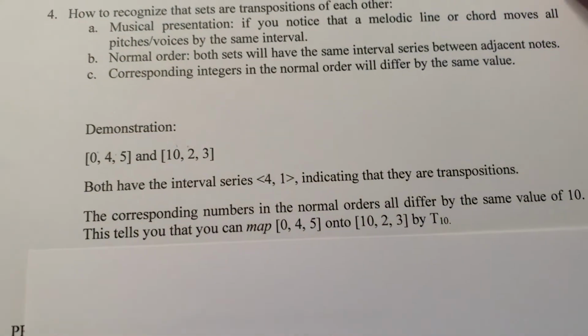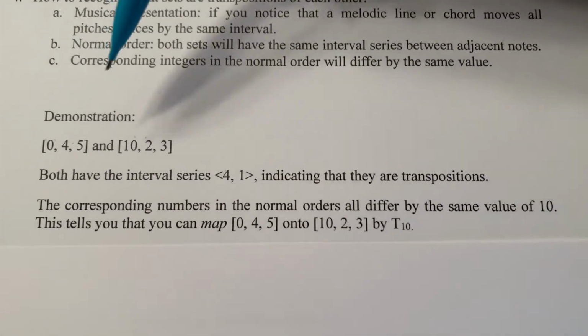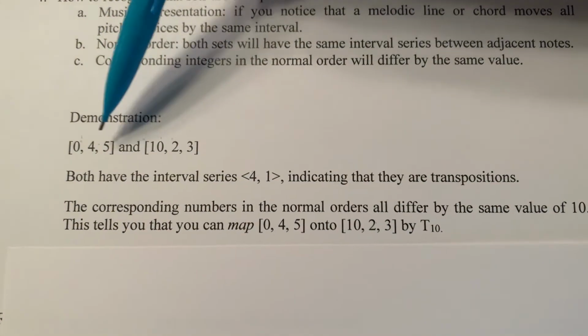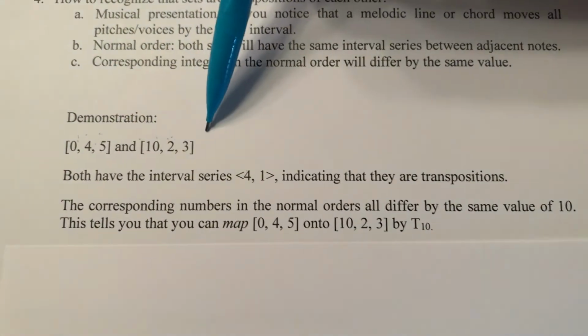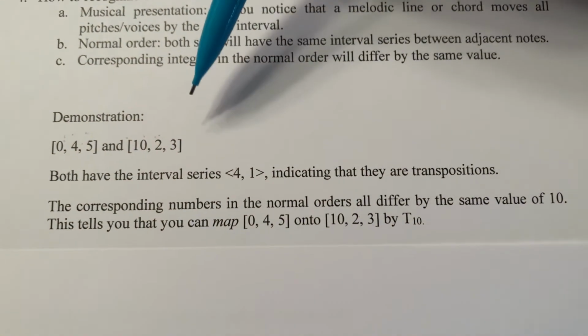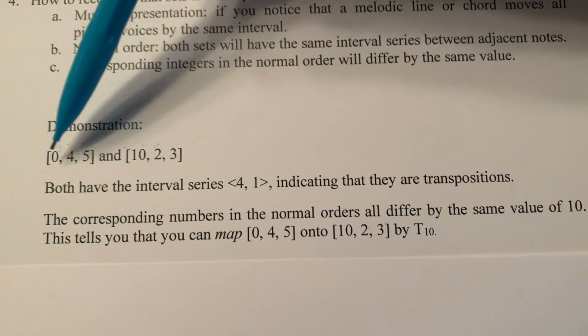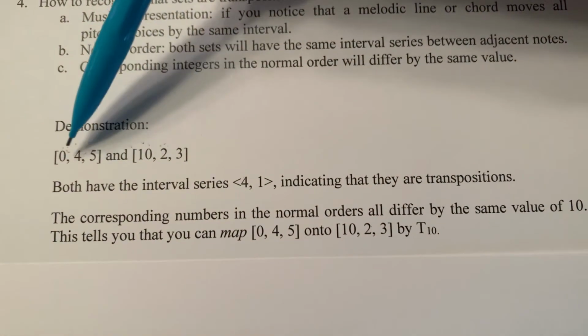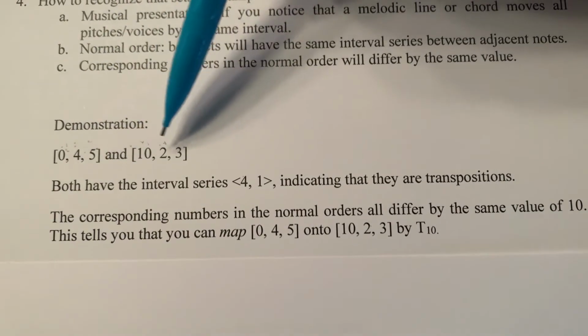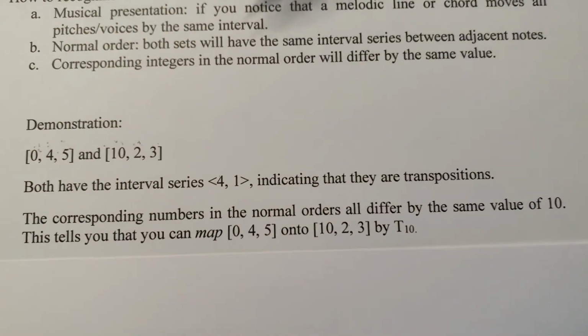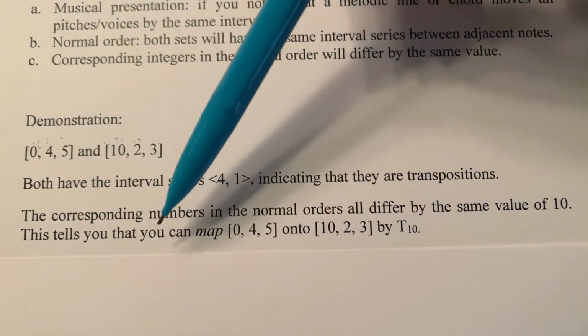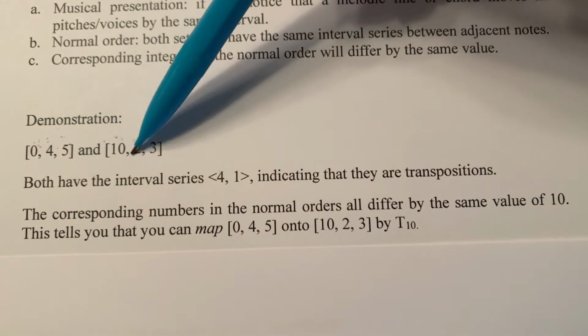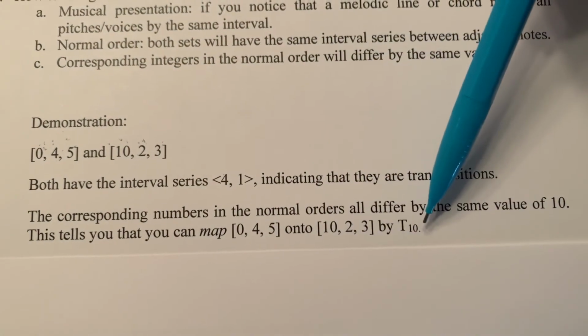Then in addition, you'll notice that the corresponding numbers, the first number, the second number, and the third number, all differ by the same value. If I add 10 to each of these numbers, or minus 2, that's how they differ. Therefore, that tells you that you can map this onto this by T10.